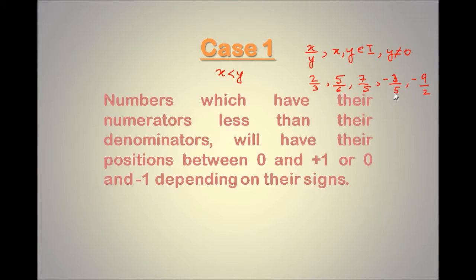And if it is a negative rational number, minus 3 by 5 for example, over here 3 is less than 5, so it belongs to case 1. But since it is a negative rational number, its place will be between 0 and minus 1. So numbers which have their numerators less than their denominators will have their positions between 0 and plus 1 or 0 and minus 1, depending on their signs.